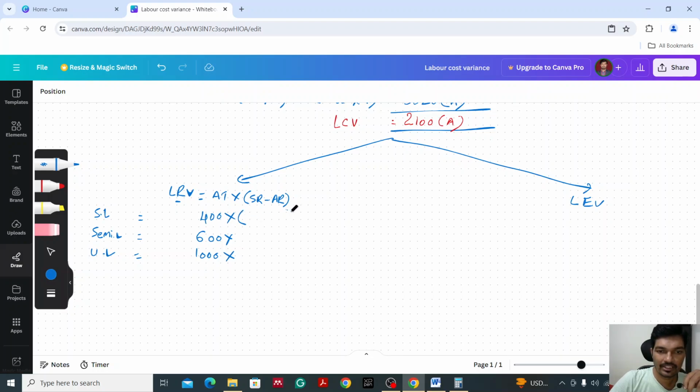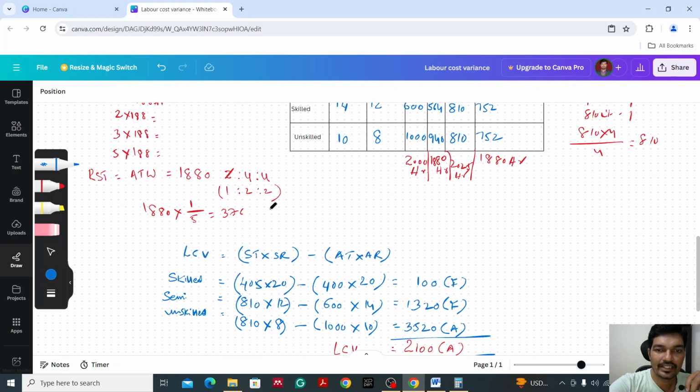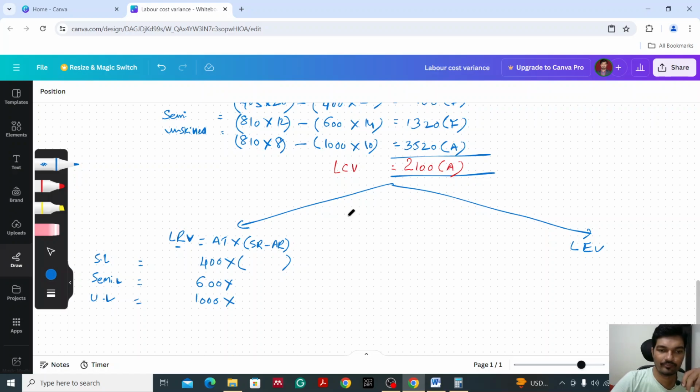Then the same data, the standard rate is 20 and the actual rate is also 20. Hence the result is 0, take it as nil.